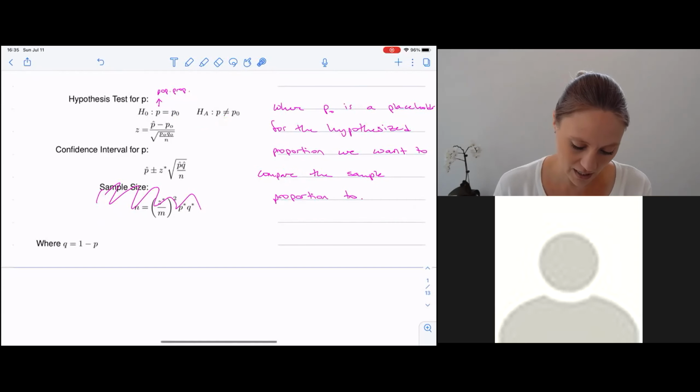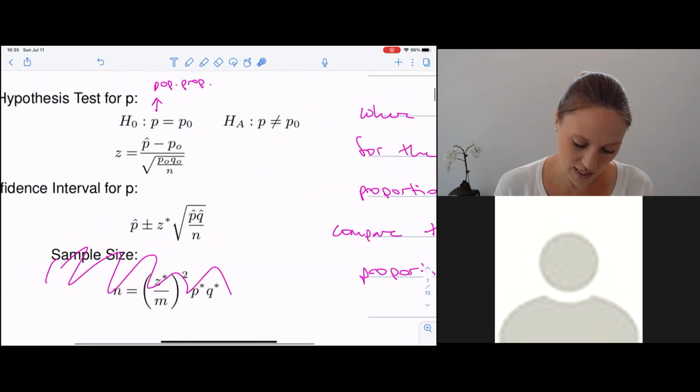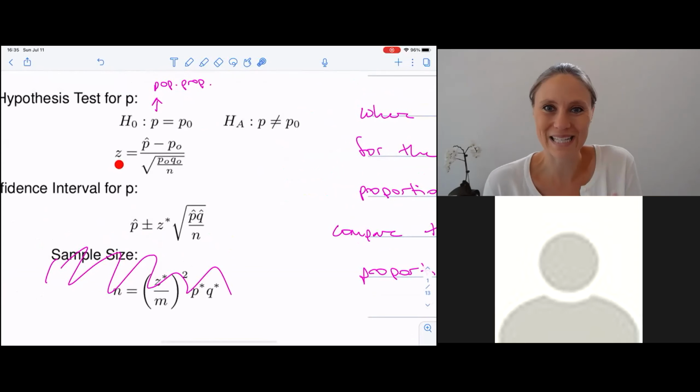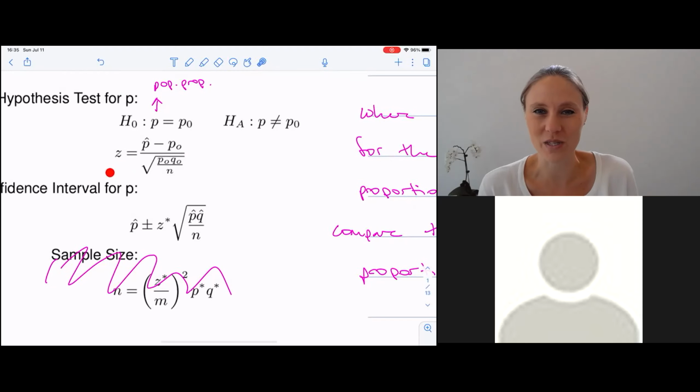Then I want you to look at the z-score. So it's exciting because we see a Z. Now we have to go back to the Z table. And you might be feeling like I was trying to convince you of before you started using the T table.